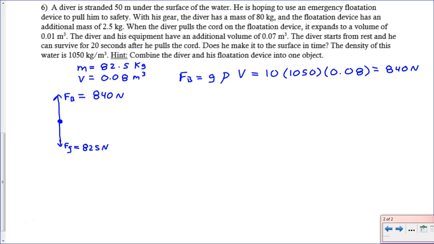That tells us then that the unbalanced force, Fu, equals 15 newtons. And then we can use Fu equals ma. We find that 15 equals, the combined mass is 82.5, times a. Solve that for a, and you get a equals 0.18 meters per second squared.